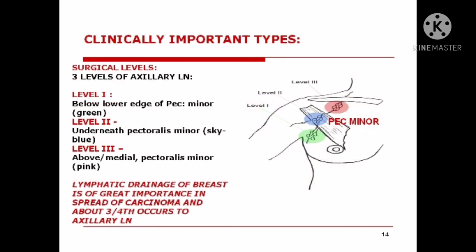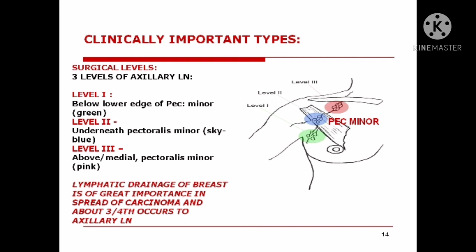Students, the clinicians or the surgeons, they used to take the axillary lymph nodes into three levels: the level 1, the level 2, the level 3, and they have taken the pectoralis minor muscle as a standard. The groups of the lymph nodes lying at the lower edge of the pectoralis minor muscle are the level 1.